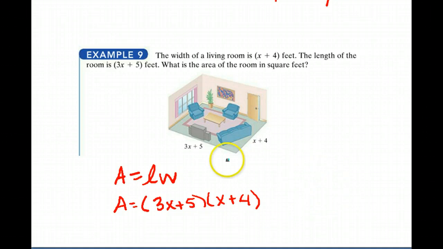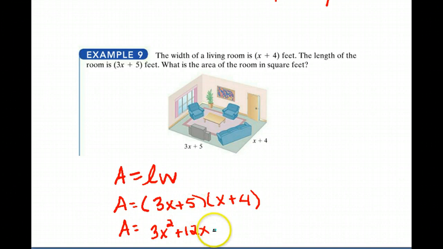Okay, by now you should have had an opportunity to solve this problem using the FOIL process. So the first thing you should have done is 3x times x to get 3x squared. Then we want our outers. 3x times 4 gives us 12x. Inners, 5 times x gives us 5x.